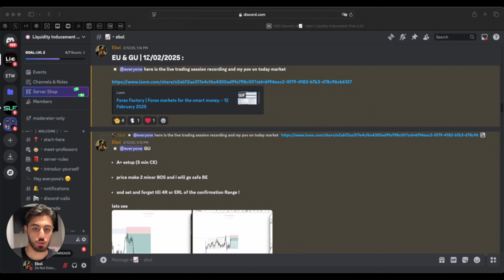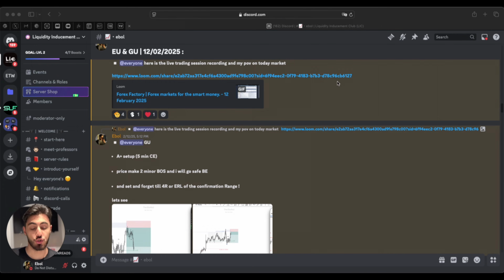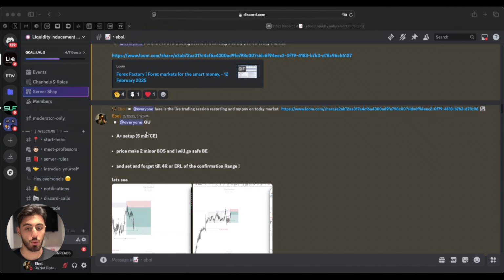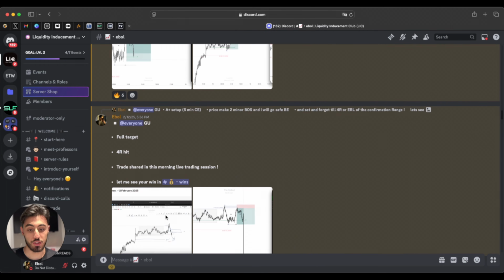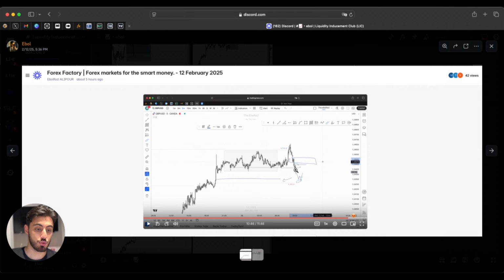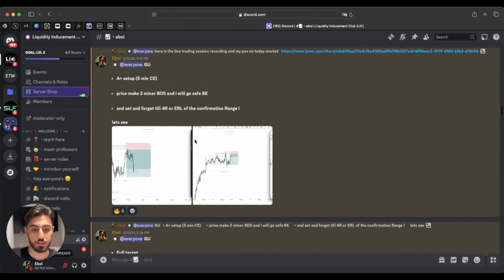So if you take a look at 12 February, last month, on the EU and the GU, I shared the trade here with the students, and I told them, in the video, are we going to look for confirmation entry at this area, and these are my key levels, this is my range, this is the way I'm going to enter. If this happens, I'm going to do this. So I explained all the trade ideas there, and this was the GU entry.